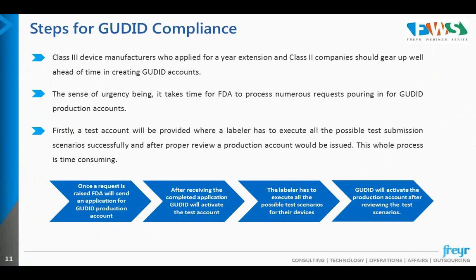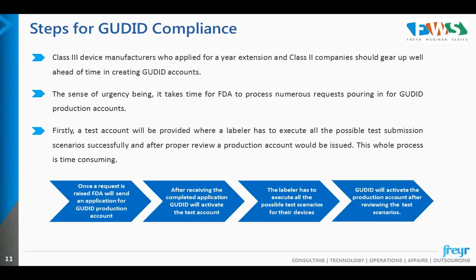Once this is done, the labeler needs to request a test account, either for the web interface or the HL7 SPL submission method. Then they need to complete all the test scenarios outlined in the UDI guidance. These test submissions done by the labelers are reviewed by the FDA, and they would request all the different scenarios which the labeler would encounter.